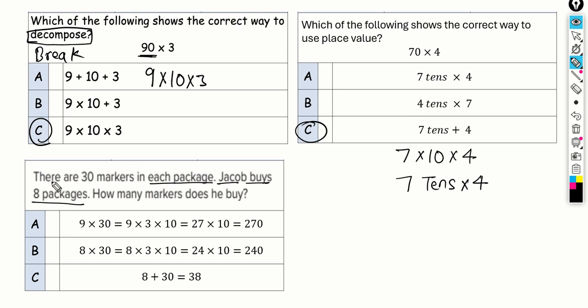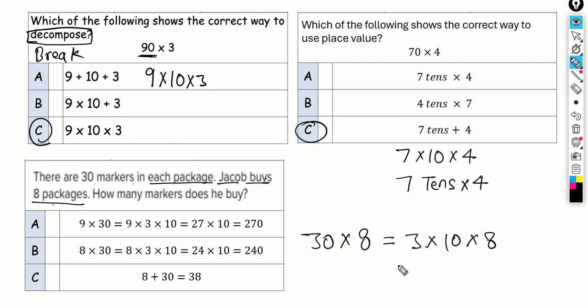So there are 30 markers in each package, right? And Jacob buys 8 packages, times 8. Now if you want to simplify this, this is 3 times 10 times 8. Now where do you see which equation is the same as this?